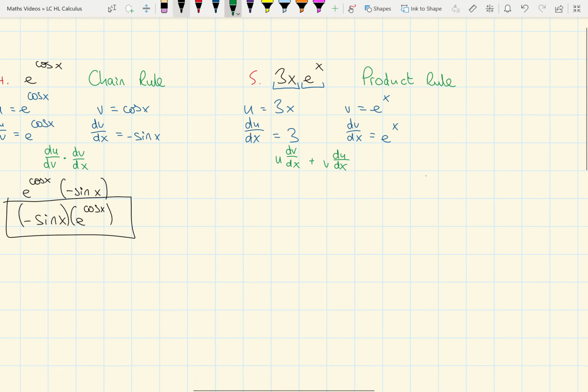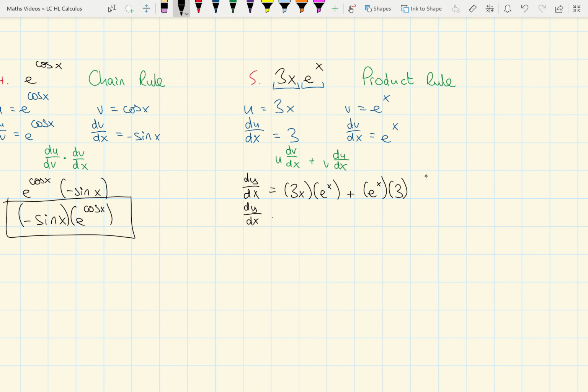So we'll just sub into the formula. So dy/dx will be equal to u, which is 3x, times dv/dx, which is e to the power of x, plus v, which is e to the power of x, times du/dx, which is 3.